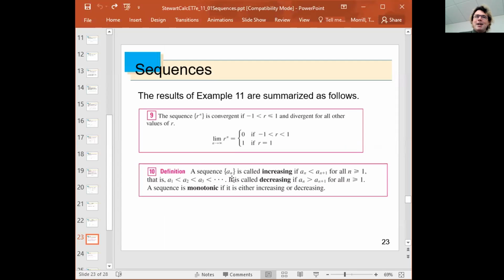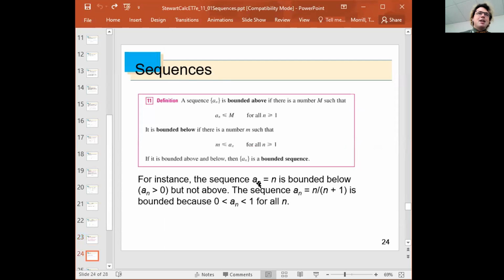So monotonic is the special name we give for functions that always increase or always decrease. And this is a handy thing to recognize because we can also try to figure out if the sequence is bounded.